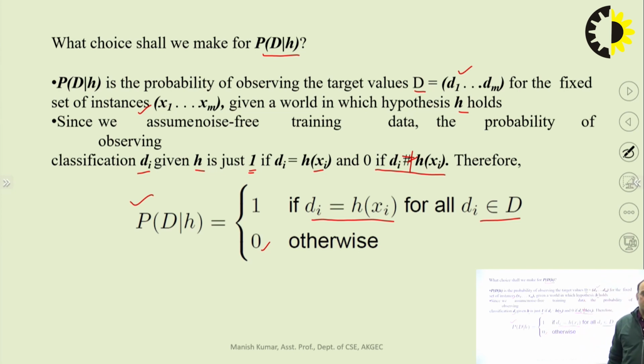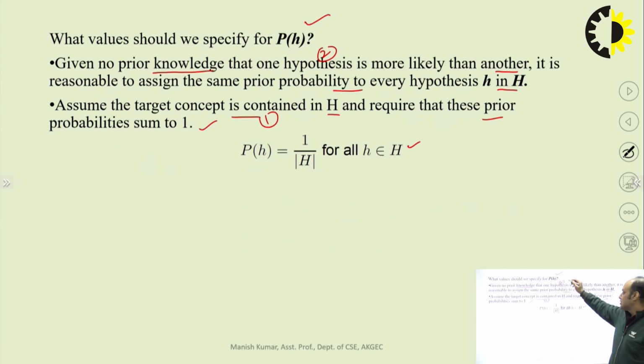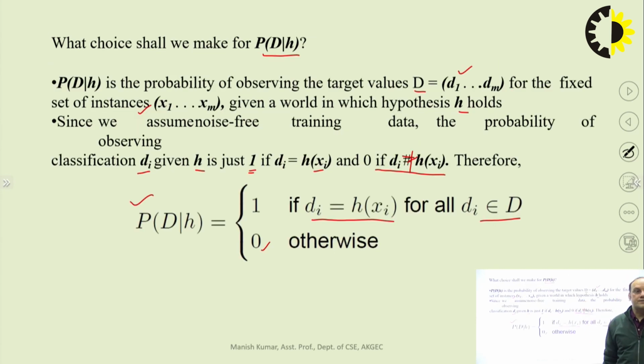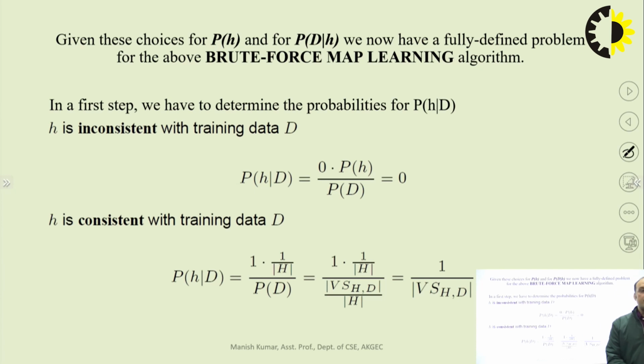So we have found these two values, P(h) and secondly P(D|h). Now given these choices for P(h) and P(D|h), we now have a fully defined problem for this brute force MAP learning algorithm.